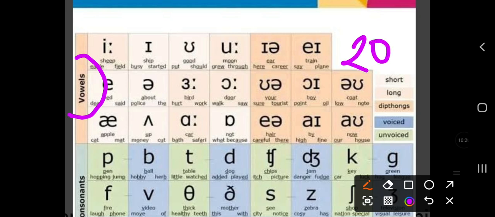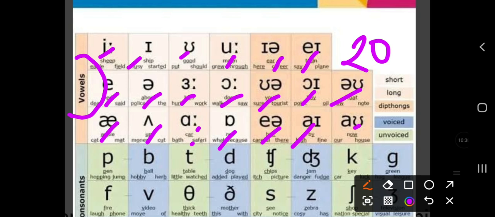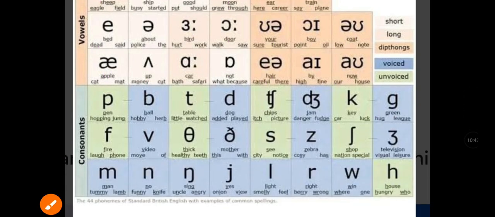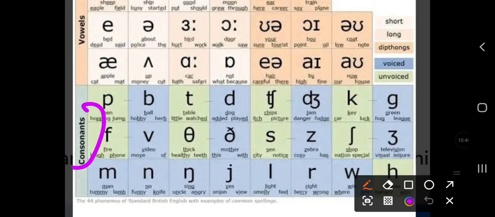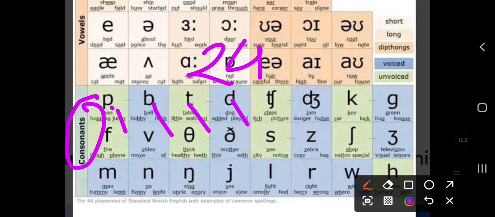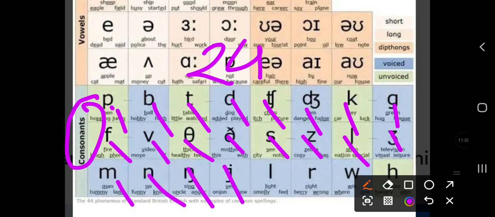You can count 1, 2, 3, up to 20. These are the 20 vowels. Now, here are the consonants, and consonants are 24. 1, 2, 3, up to 24.